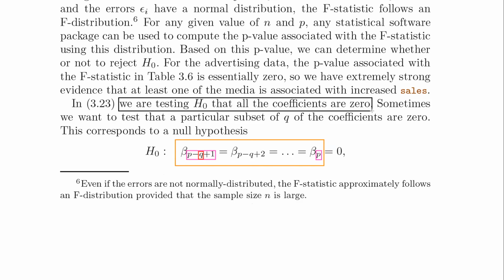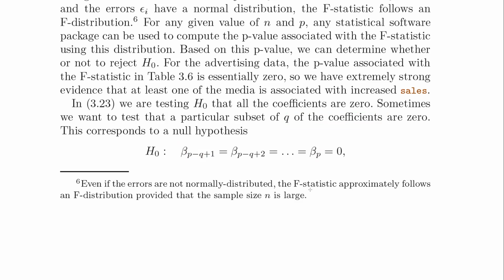Sometimes we want to test that a particular subset, of size q of them, are 0. This corresponds to a null hypothesis where now H0 only has q of these betas.